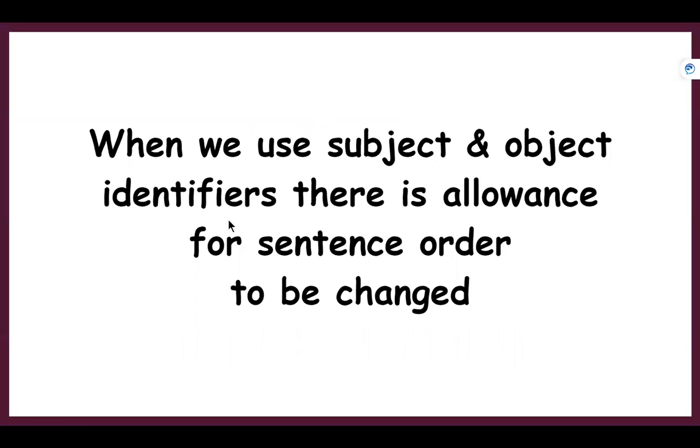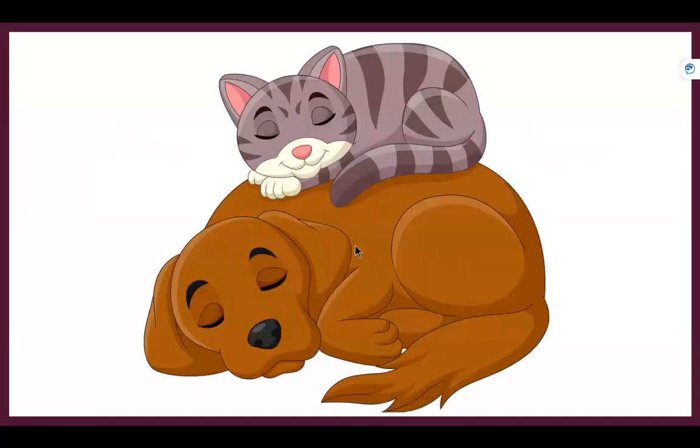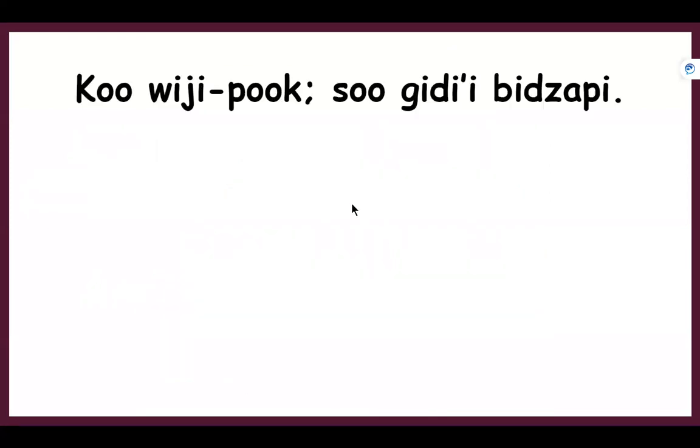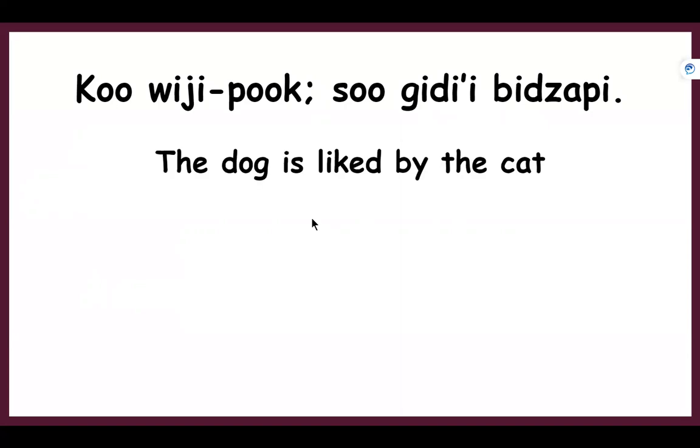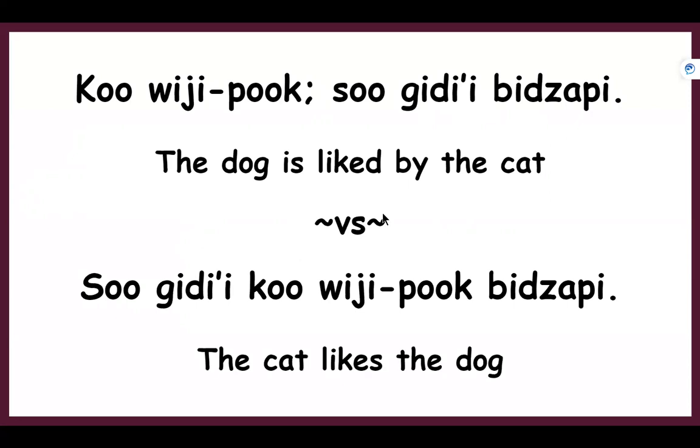When we use subject and object identifiers, there is allowance for sentence order to be changed. All right? Okay, so we can say, kuwijipuk, sugiri ibidzapi. I know this might spin your head a little bit, but the dog is liked by the cat.